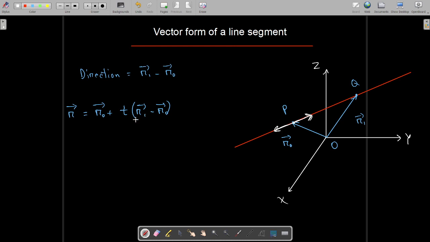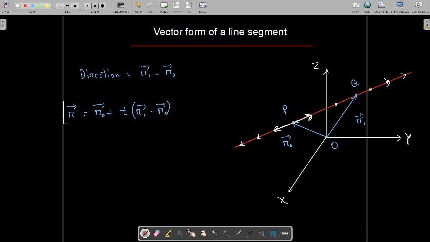And for a particular value of t, let's say if t is equal to 1, 2 or 3, you can reach some point like this or this or this. Let's say if t is equal to 2, you might reach this point. If t is equal to 3, you might reach this point. And if on the other hand, if t is equal to -2, then you can reach this point. If -3, then you can reach that point. So that is the function of t.